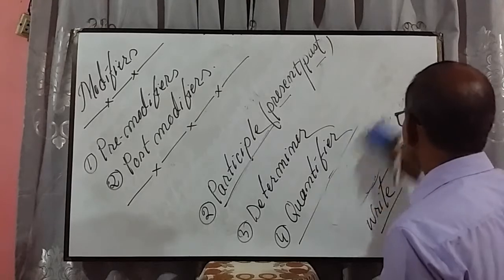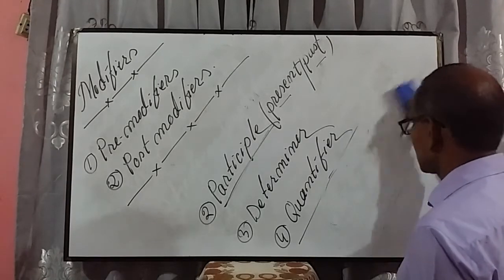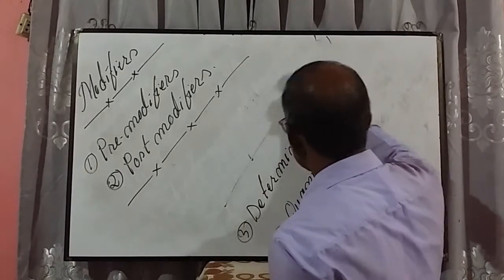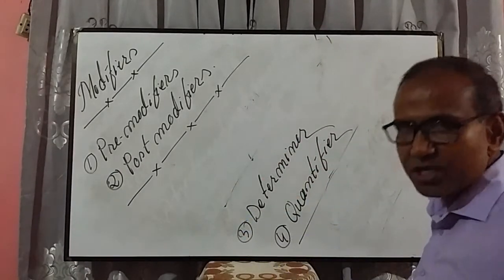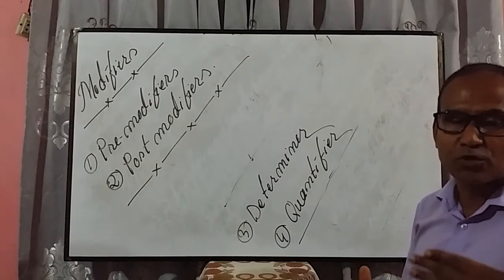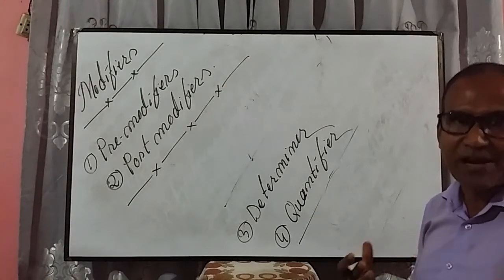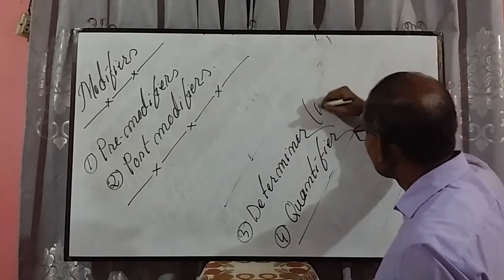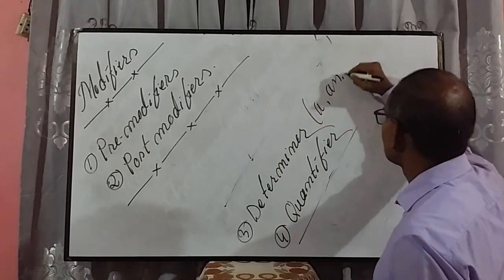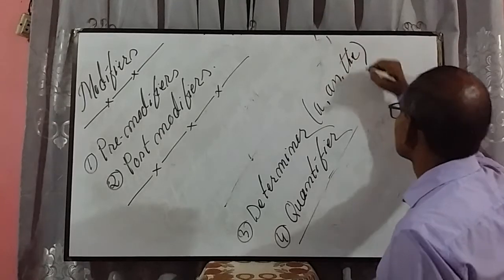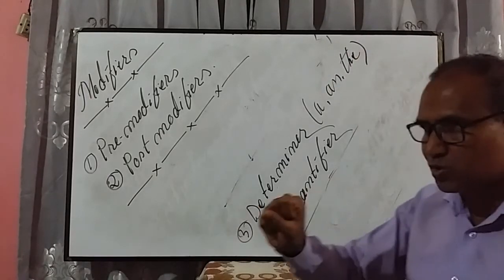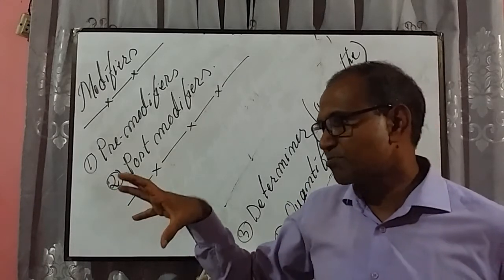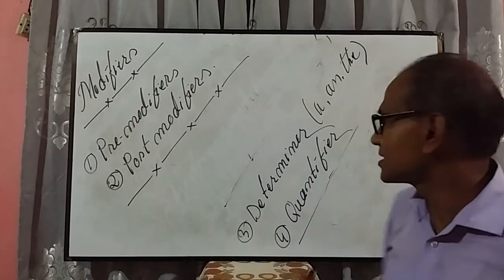So adjective done, participle done, then determiner. Determine something. Determining something. Determiner, like a and an. Determine means identifying or pointing something out.